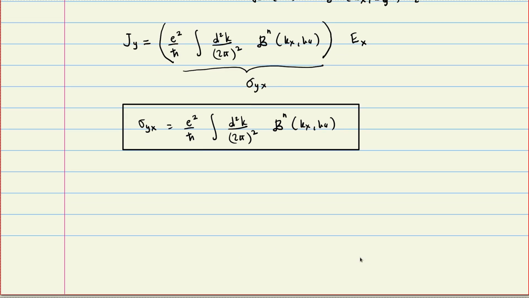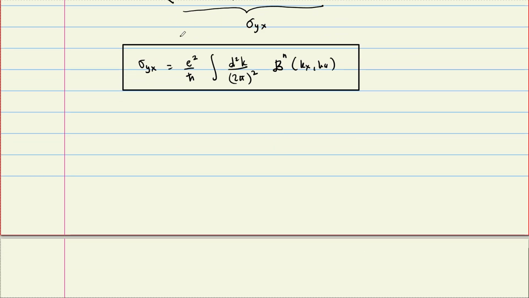Good. You can see there is an h bar here. Let me cancel an h bar and cancel this one, and I want to define something called the Chern number.